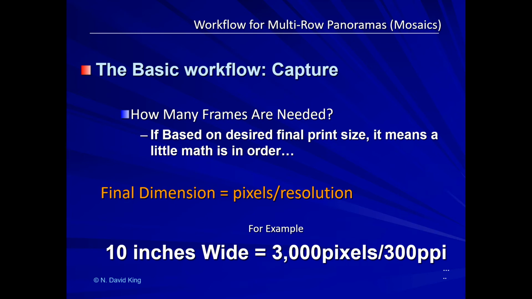That would be the image size divided by 300 pixels per inch, which would be the printing resolution. With that equation, you can extrapolate whatever you wanted. If it had to be 100 inches wide, then you'd need a final image that was 30,000 pixels wide at 300 ppi. It's pretty simple math, but it's the way to figure this out.